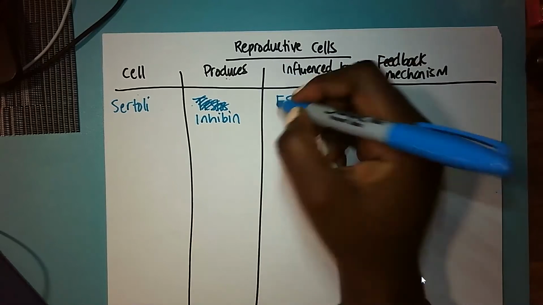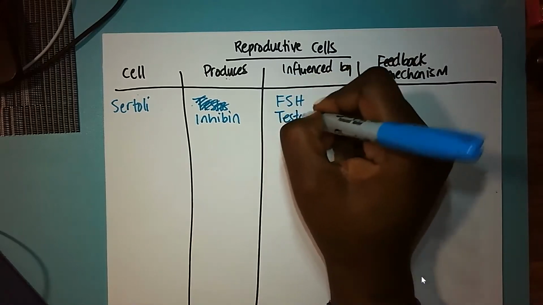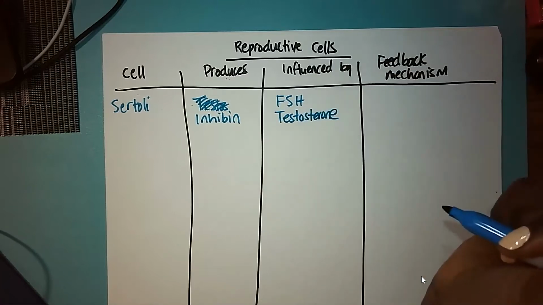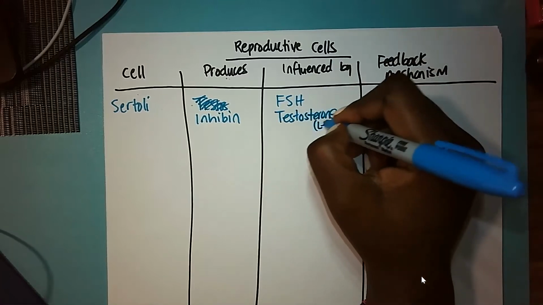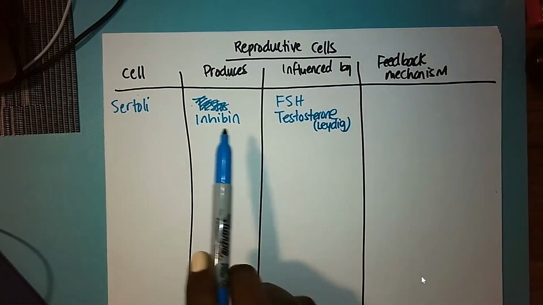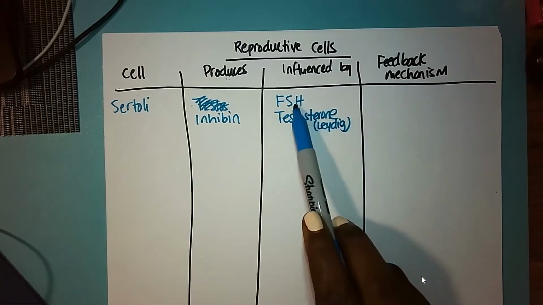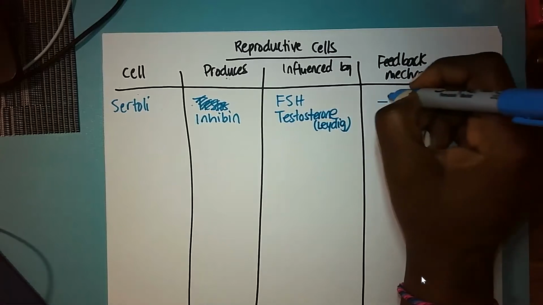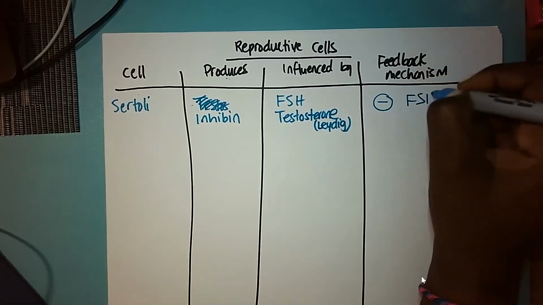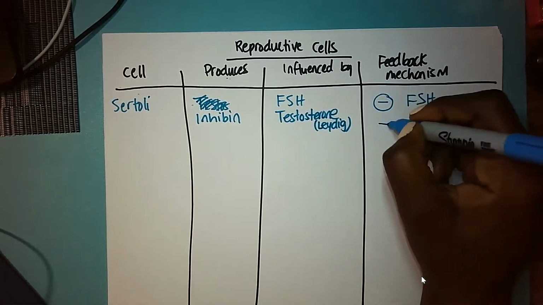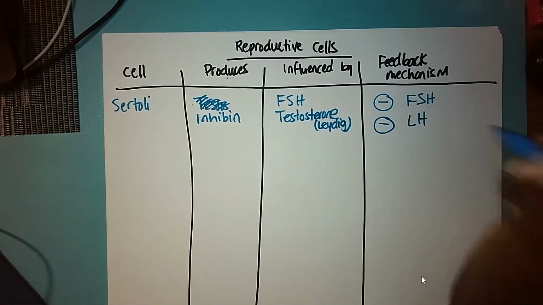It's also influenced by testosterone. Okay, that testosterone coming from the Leydig cell. So I'm going to put Leydig here. So Sertoli cells secrete inhibin. They're influenced by FSH and testosterone, which comes from the Leydig cell. They're also going to have a negative feedback onto FSH production, as well as a negative feedback onto LH production.